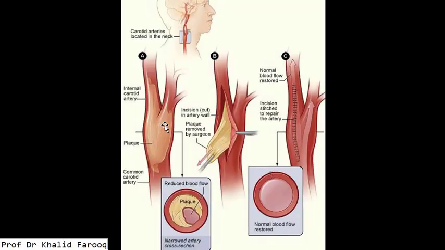Here incision is made in the region of bifurcation, and a yellow atheromatous plaque is removed, and then incision is stitched. And here you can see this is a clean lumen, and in this region you can see a yellow plaque causing luminal narrowing. So this procedure is called endarterectomy of the carotid artery.